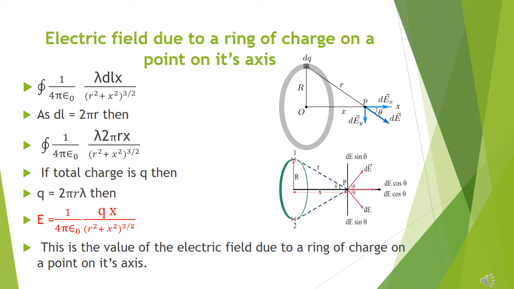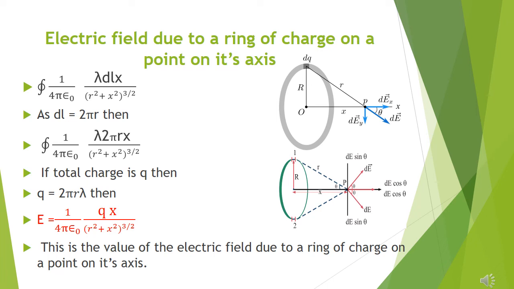Then the equation of electric field becomes 1 upon 4 pi epsilon naught qx upon r square plus x square to the power 3 by 2.